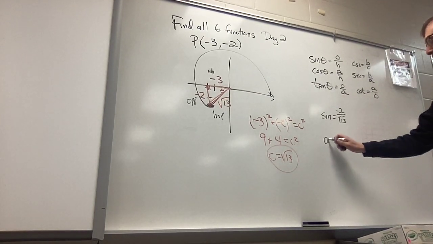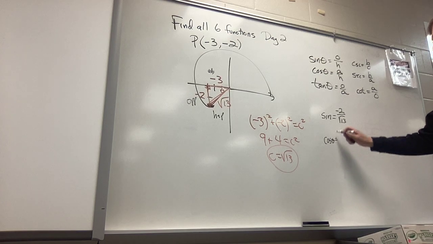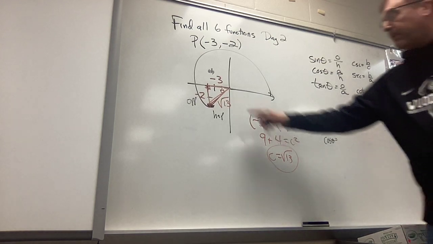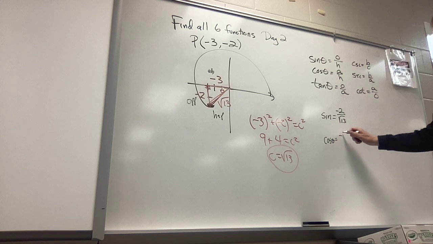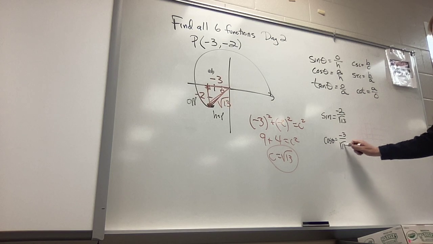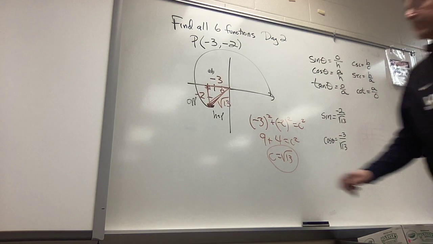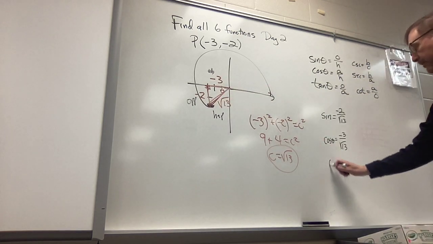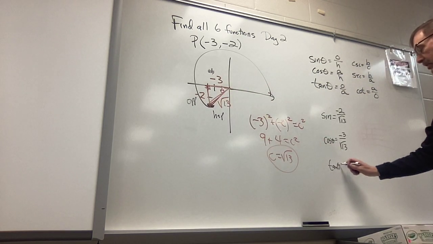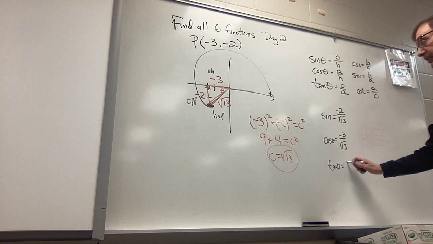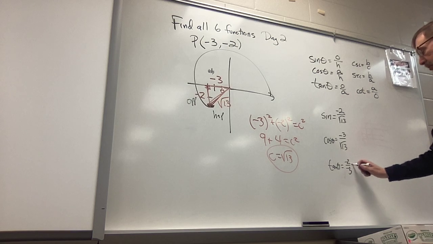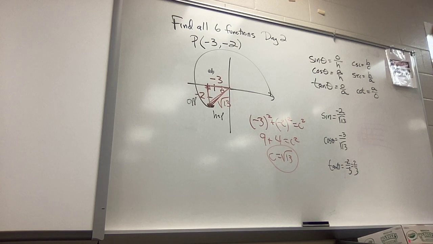Our cosine, I'll put the theta name, is adjacent over hypotenuse, -3 over the square root of 13. Our tangent, opposite over adjacent, is -2 over -3, which can just be positive 2/3.